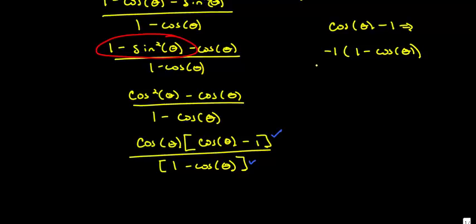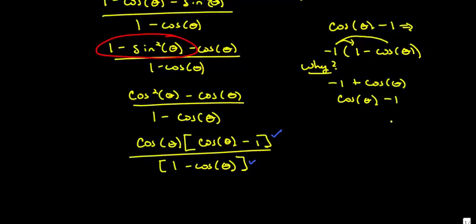Look, if I take negative 1 and multiply it back in here, I would have negative 1 times 1, which is negative 1, and then negative 1 times cosine theta, which is plus cosine theta. And then if you rearrange these terms, which you can do because you have addition in between, and addition is commutative, meaning we don't care about the order, 2 plus 3 is the same as 3 plus 2, I get this, which is the original.